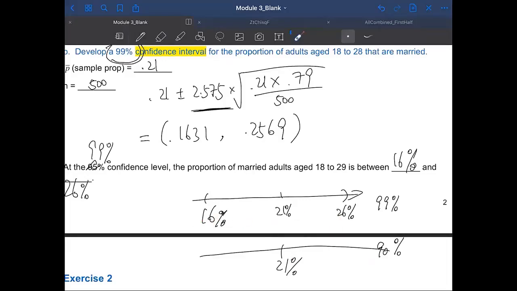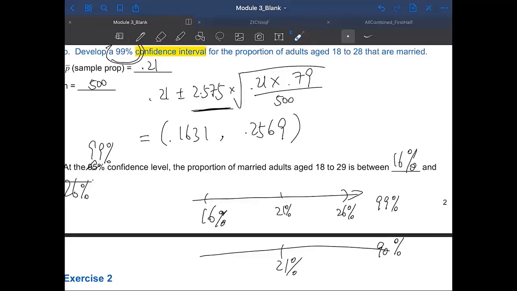I am 99% confident. 99% confident means that on average, 99% of the intervals I develop using any sample of size 500 students, anywhere between 18 to 29 years old, will contain the true population proportion, which is P.